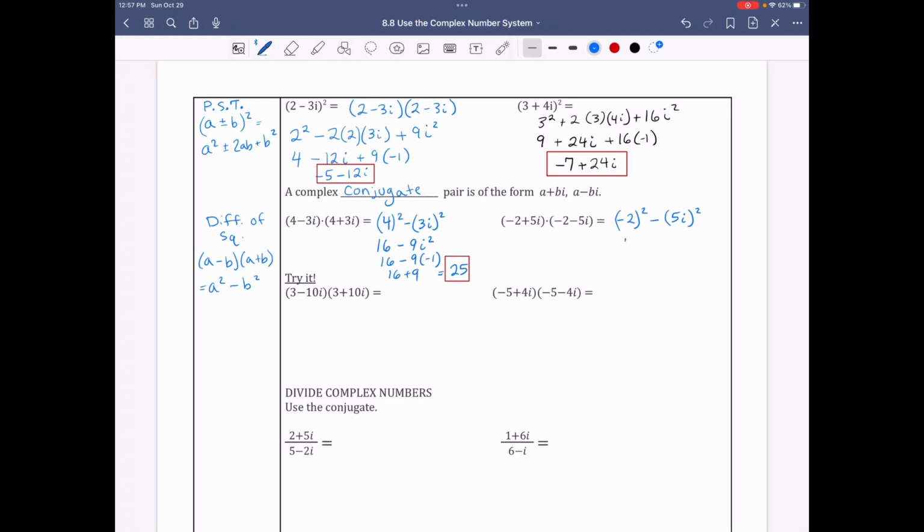Negative 2 squared is 4 minus 25i squared, or 4 minus 25 times negative 1. And that becomes 4 plus 25, which is equal to 29. Go ahead and do the 2 try-it problems with your group, and then we'll come back and check the answers.